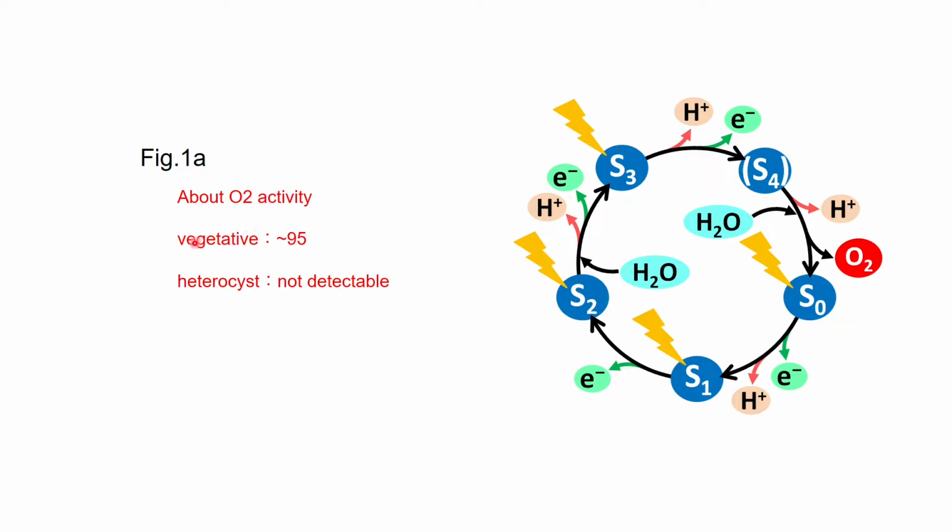Vegetative thylakoid showed 95 activity of oxygen evolving activities. However, heterocyst thylakoids showed no detectable levels of oxygen evolving activities. This suggests heterocyst does not proceed through the Kok cycle.